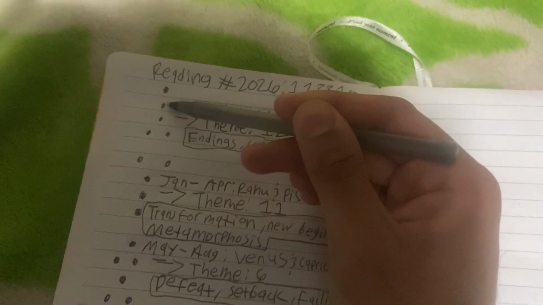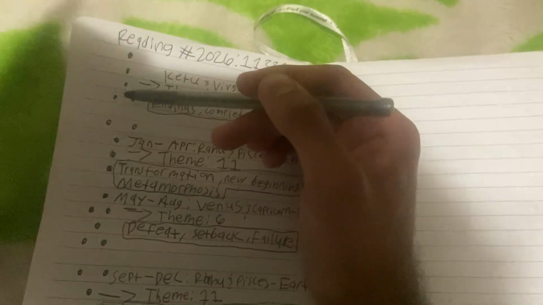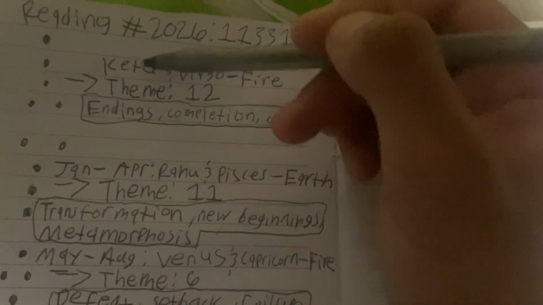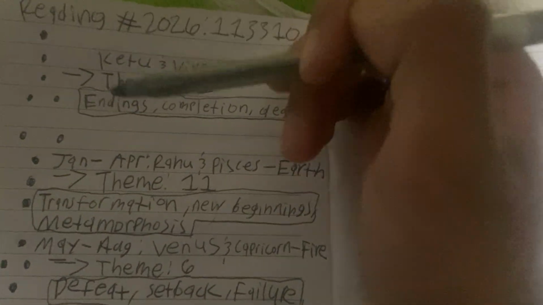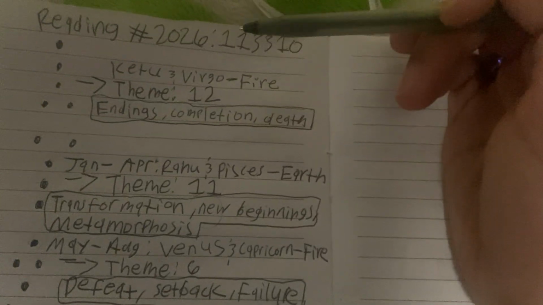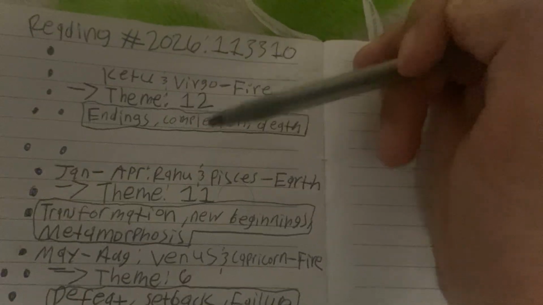So if odd is singular and even is double, then this is what gives us our first theme, the overall theme of 2026, which is endings, completion, and death. And this is the year of Ketu, the 12th geomantic figure.